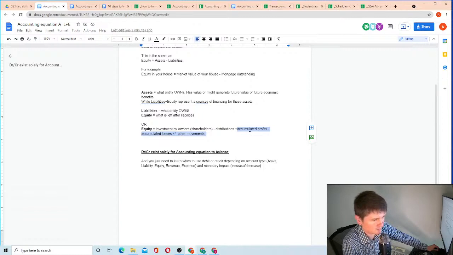And if your business is making money, making profits, your equity in the business increases. And if you do withdrawals, as an owner of the business, if you withdraw the money from the business, your equity goes down. So these are the formal definitions.